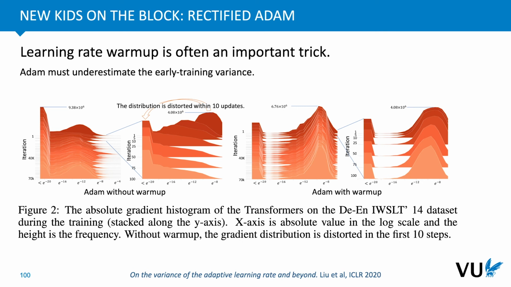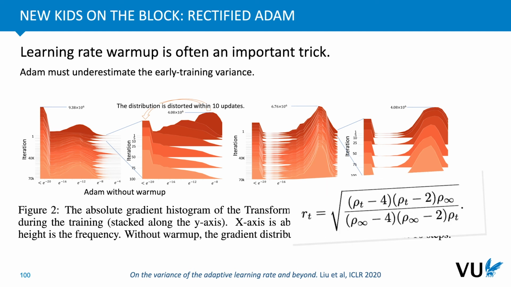And this is experimentally shown in these joy plots here. So what the authors of Rectified Adam, or R-Adam, came up with was a rectification of the variance estimate for Adam. It looks like this. We won't go into why, but it turns out that this works a lot better, especially if you are training transformer models.